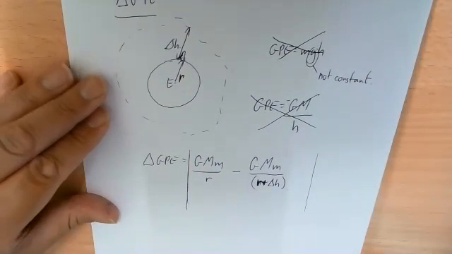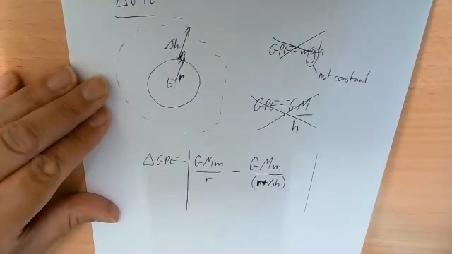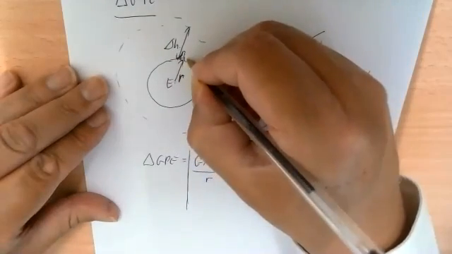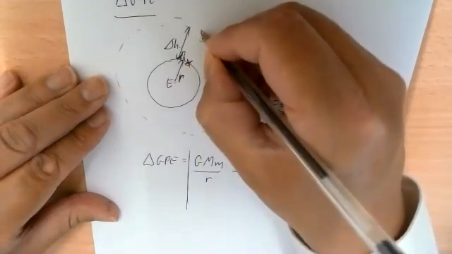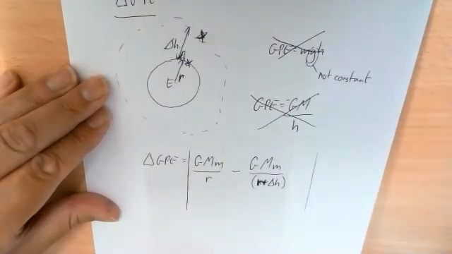Does that make sense? Why do you have to subtract? Because it's the difference between the two. You're looking at the gravitational potential energy here and the gravitational potential energy here.